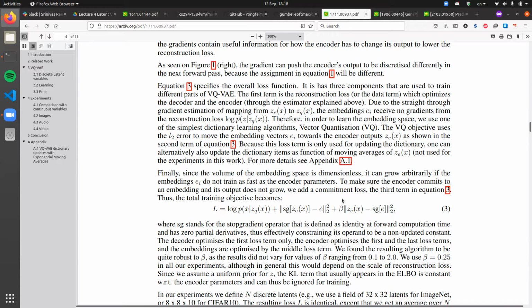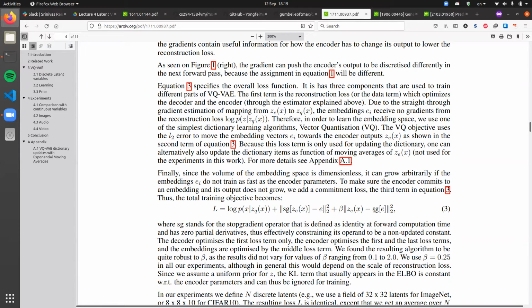This term is here to make sure that the outputs of the encoder do not grow arbitrarily, because if we remove this term, then the outputs of the encoder and consequently the codes are unbounded.